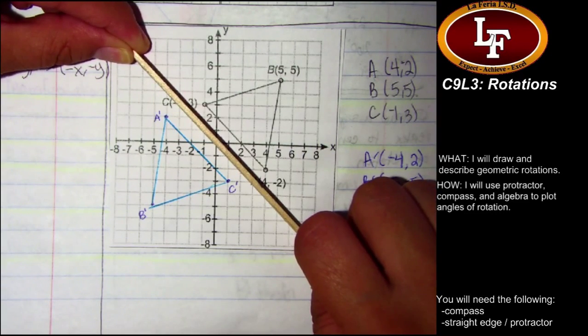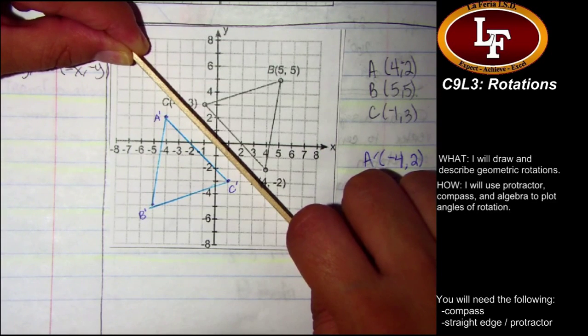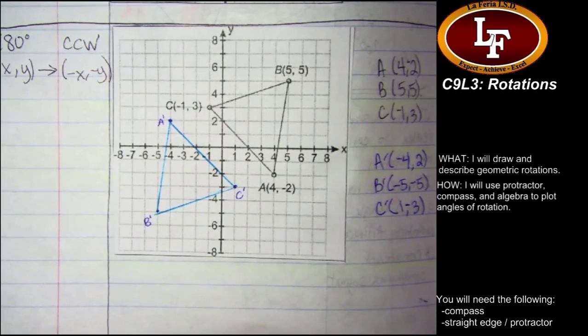No, because it's shifted slightly. If they're a reflection, it should be completely even, on the exact same spots, just on the other side of the line. I should be able to fold it on the popsicle stick and have those two triangles match up perfectly. Since I can't, it's not a true reflection. Something else happened. In this case, it's a rotation.